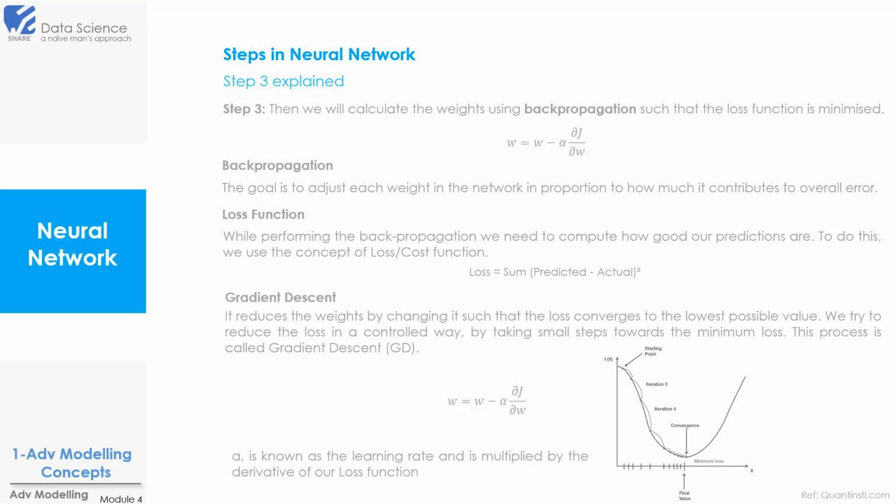To calculate the partial derivative of a function, we use the chain rule of derivatives. We don't have to go into the details of it. It is just simple maths. So that is how we use the gradient descent function to converge a loss function to the minimum.